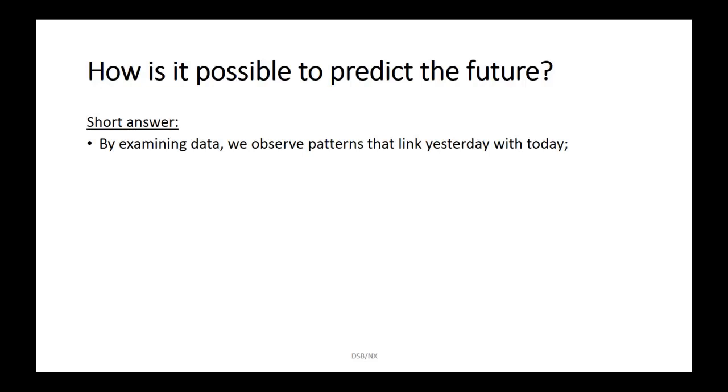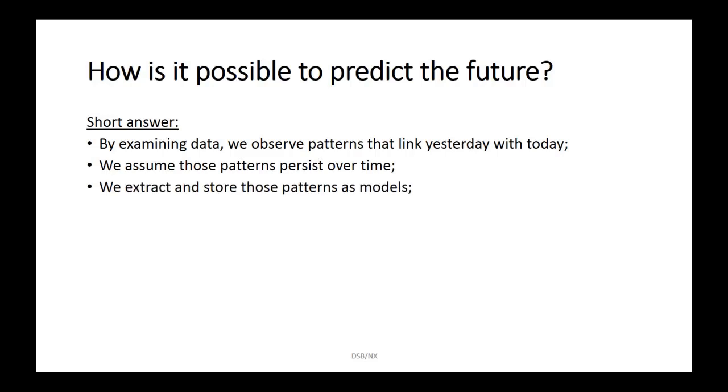The short answer is, by examining data, we observe patterns that link yesterday with today. We assume those patterns persist over time. We extract and store those patterns as models.